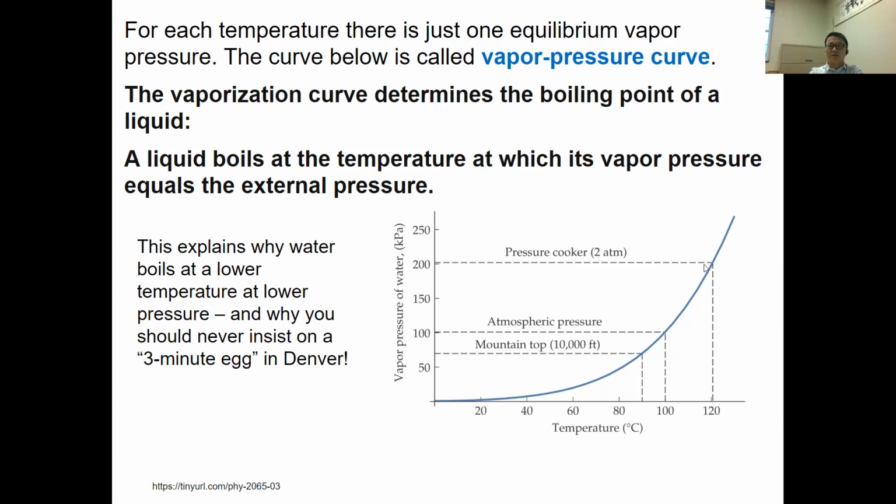So you guys should have heard about a pressure cooker, which is cooking food at higher temperature than 100 degrees Celsius, right? So that is the insulated environment where the pressure inside will be building up because it's insulated. So when more vapor is inside, that means more gas is inside.